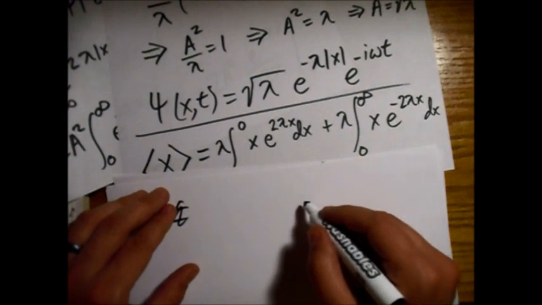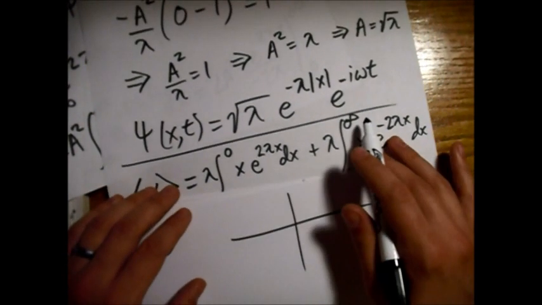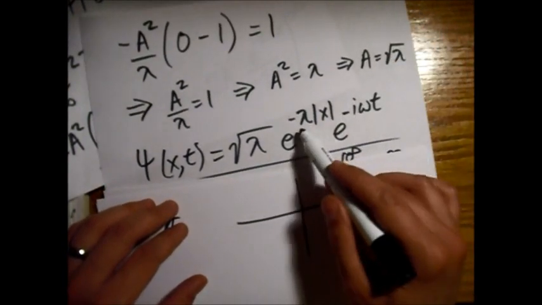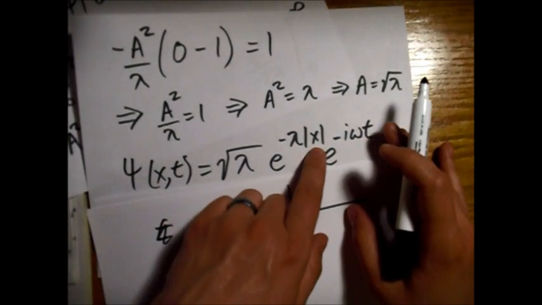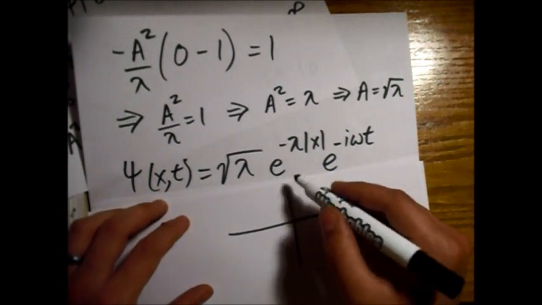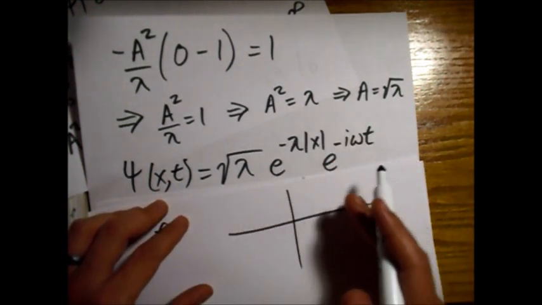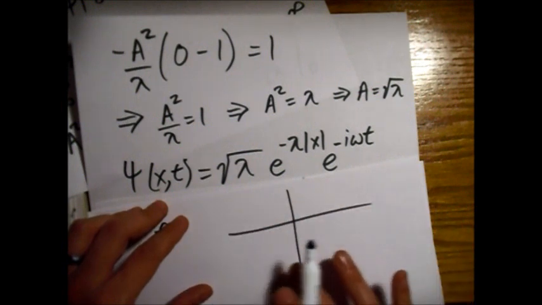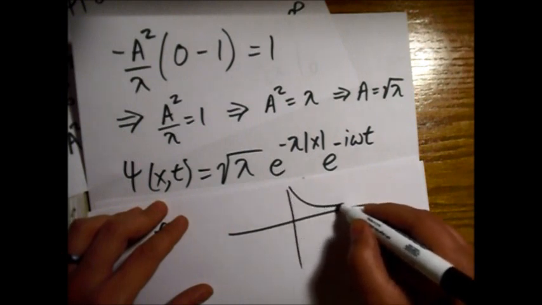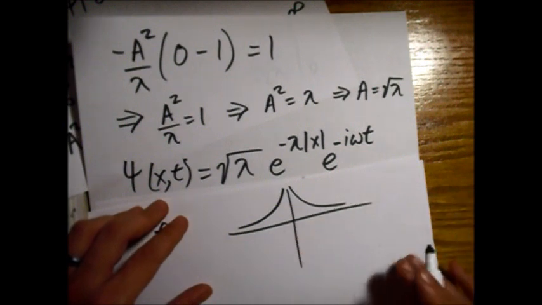So if we were to sketch this out a little bit, the e to the minus lambda absolute value of x part, because of the absolute value of x, it'll be an even function, it'll be the same across this y-axis here, so it'll be something like this decaying exponential on both sides.